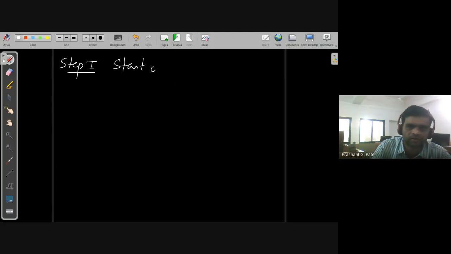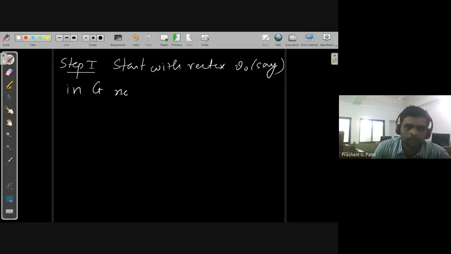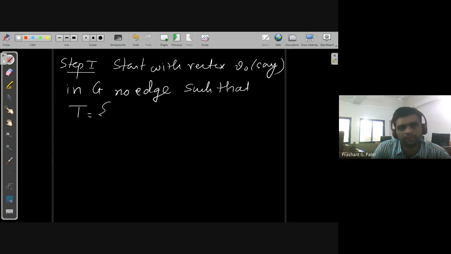Start with vertex V0, say, in G, and no edges, such that T is the tree we are looking for, which contains one vertex V0 and no edges. Fine.